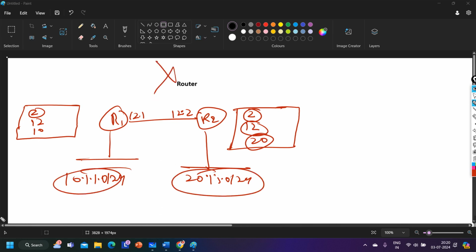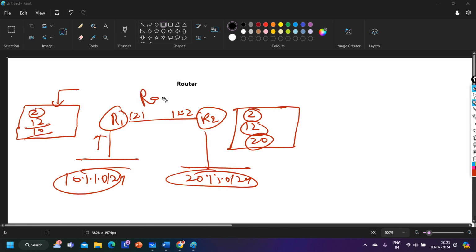Never, right? Because when 10 wants to communicate with 20, it will forward traffic to the router. The router will compare the destination IP address, meaning the destination network, with the routing table. The route is not available. In the routing table, only the 12 and 10 networks are there. Yes or no? So here we need to configure routing. We will see later.